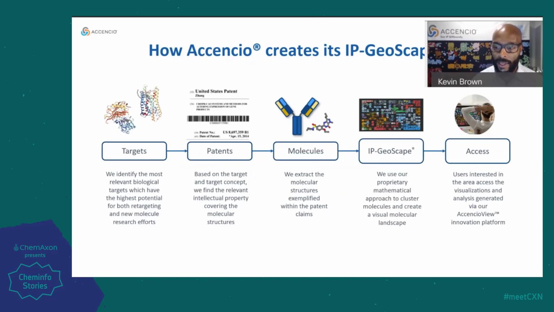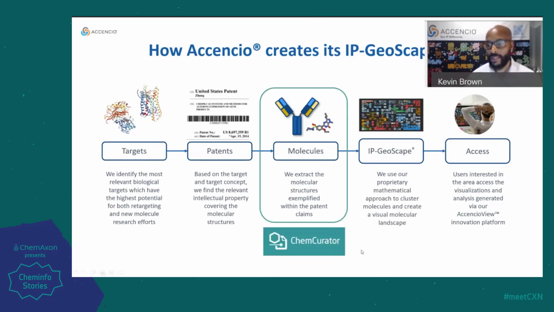Once we get that information extracted from the patents, we then send it into our IP geoscape tool, and the algorithms there really create the output, which is the landscape. If there's any secondary information that needs to be added, it's added. And that's what the end user uses at the end of the day to drive the answers to their various questions.